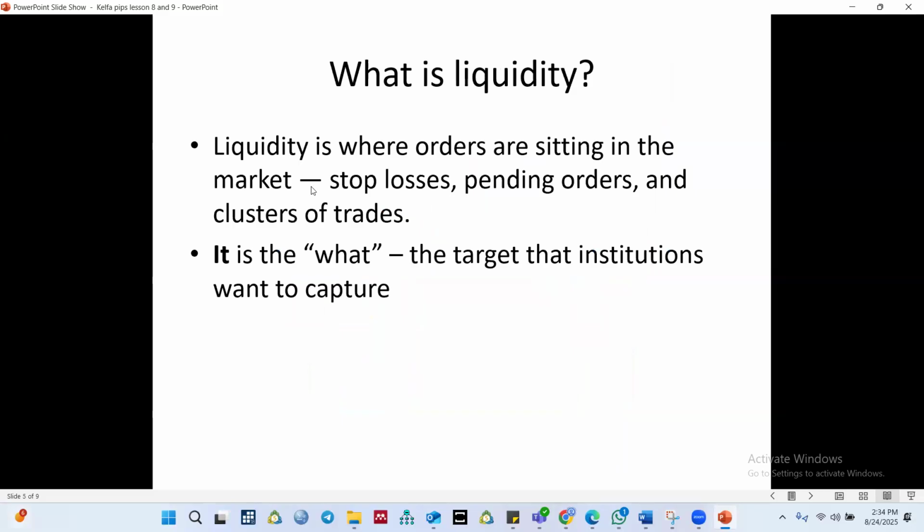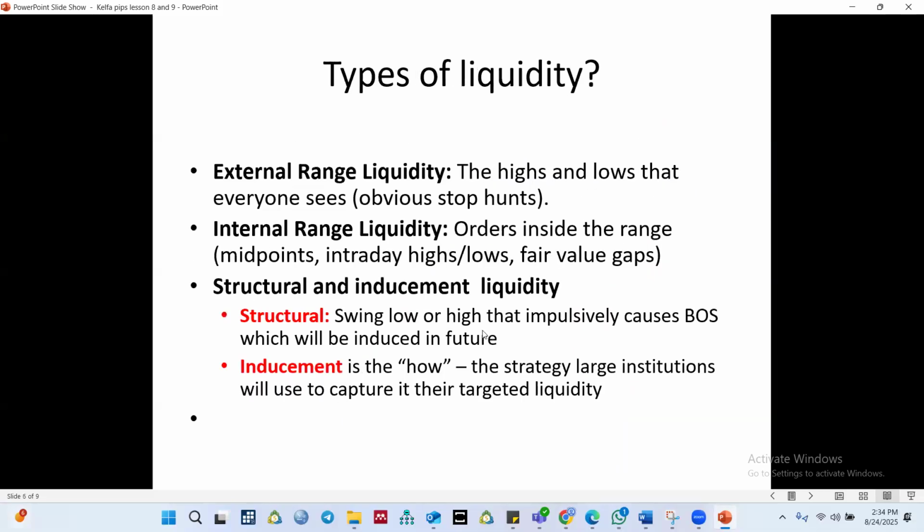We went through again what liquidity is. We said liquidity itself is what the institutions are targeting. Whatever the institutions want to capture is called liquidity, and we know that is money. Then we looked at the types of liquidity: external liquidity, internal liquidity, structural liquidity and then inducement liquidity.